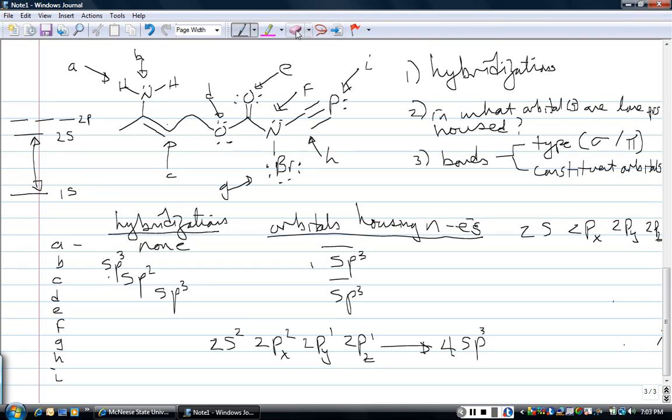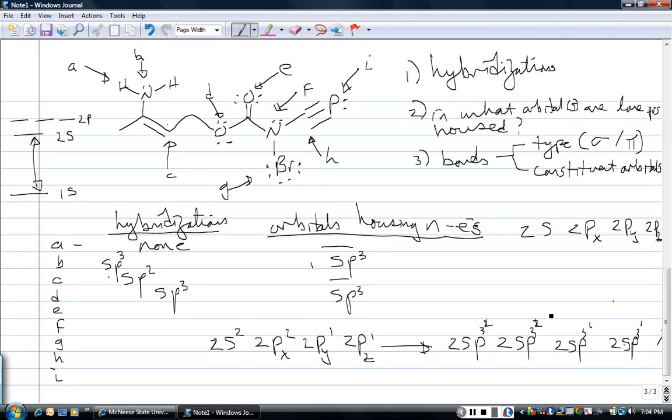Rather than just write the 4 out, I'm going to write the individual 2sp3, 2sp3, 2sp3, 2sp3. Now, I had a total of 6 electrons. According to Hund, they'll go 1, 2, 3, 4 with the same spins, then double up, 5, 6.